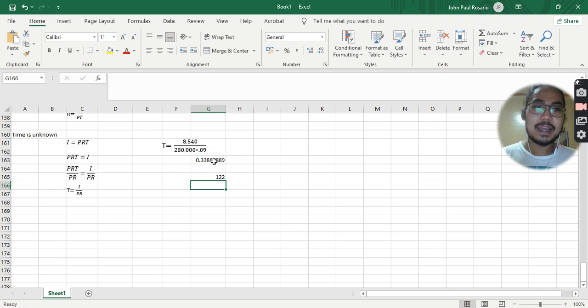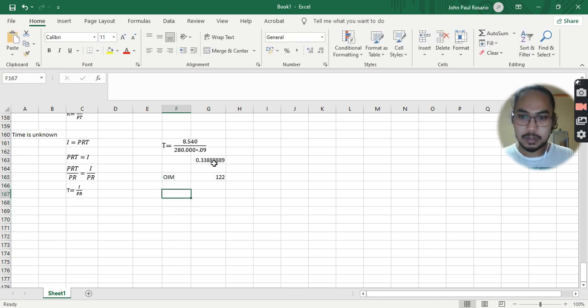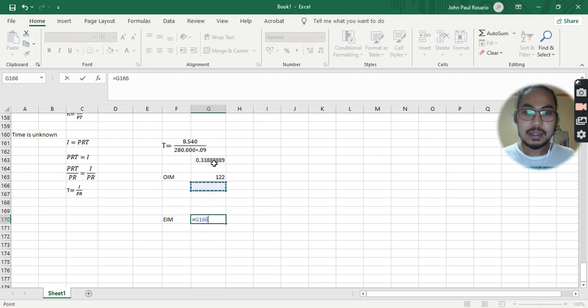Earlier we were using the ordinary interest method. So what if we were instructed to use the exact interest method instead? Using the exact interest method, the number of days will be this decimal amount multiplied by 365, because by the exact interest method there are 365 days in a year.